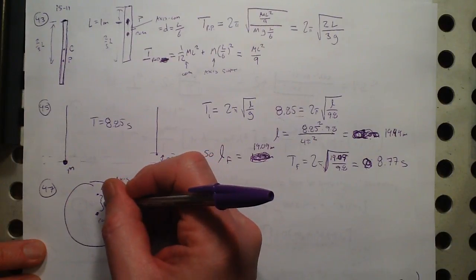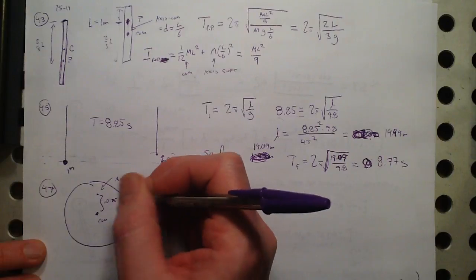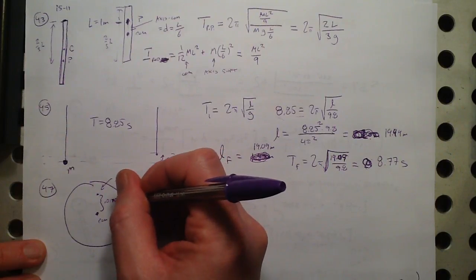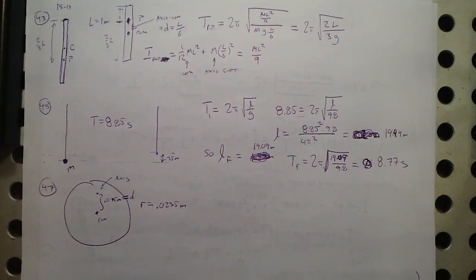So that's my axis to center of mass, 0.015 meters. And that's my d, right? Axis to center of mass. And we don't know the mass. Oh no, does it matter? Well, hopefully it will cancel out.